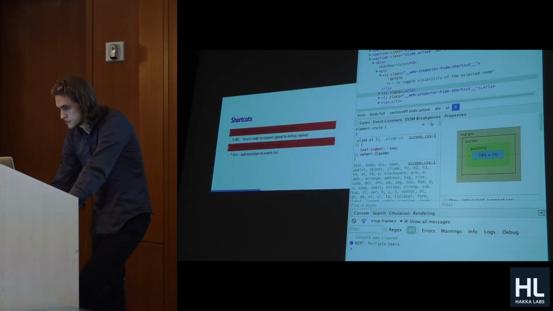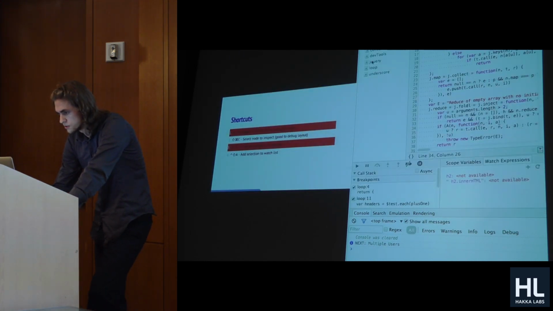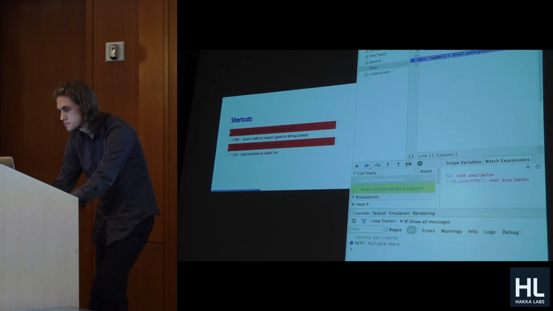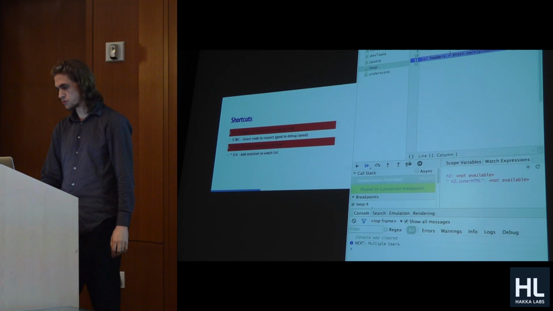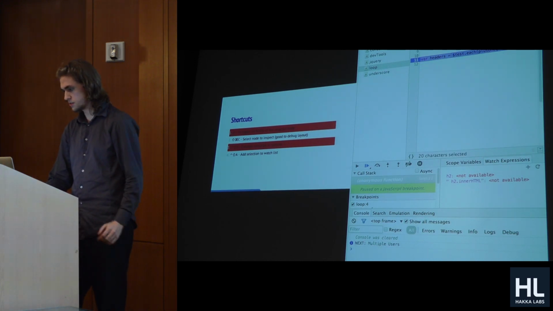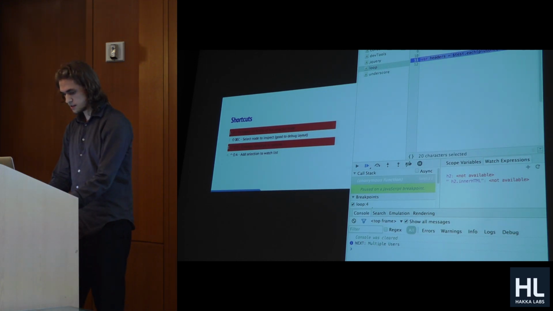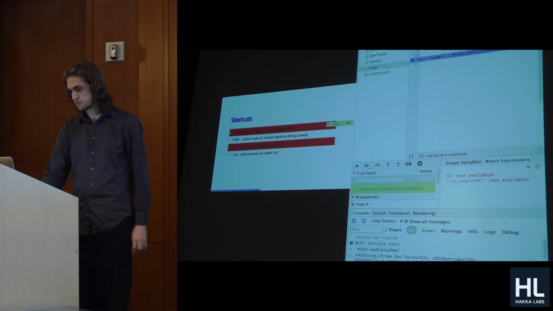When you're debugging something, let me run one of the snippets. So here, imagine I'm debugging something, and I want to see what the result of this thing will be. I just select it, and I hit Ctrl-Shift-E, and the result will be in the console.